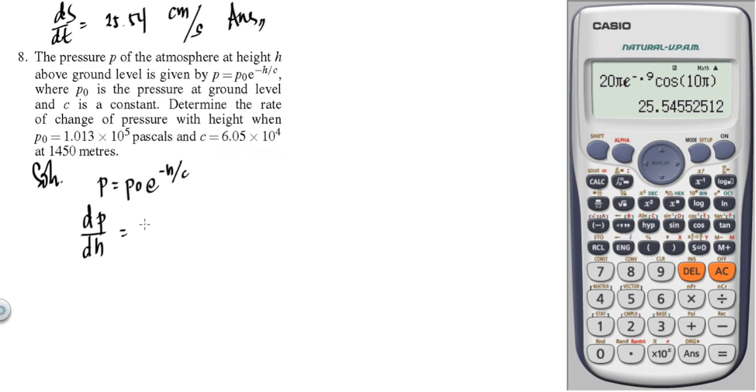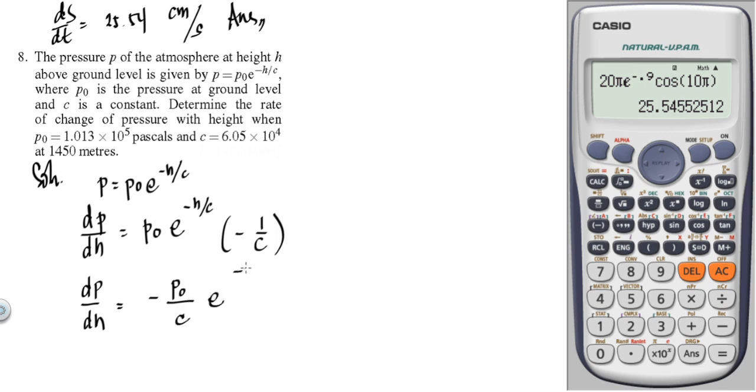So we have here P sub O, then the derivative of this is e raised to minus H over C, and the derivative of minus H over C with respect to H is negative 1 over C. Okay, so rewrite ko lang. So dP over dH is equal to minus P sub O over C times e raised to minus H over C. Okay na.